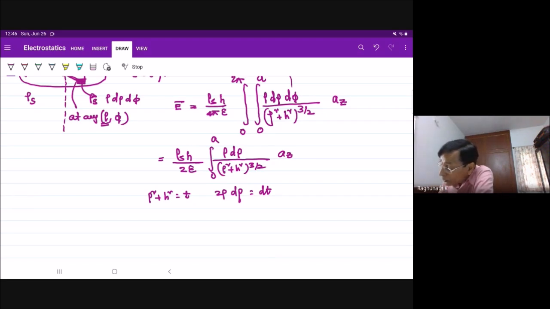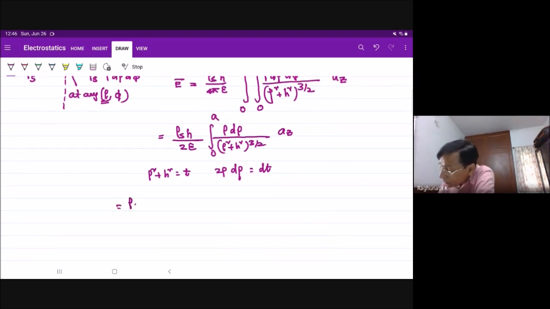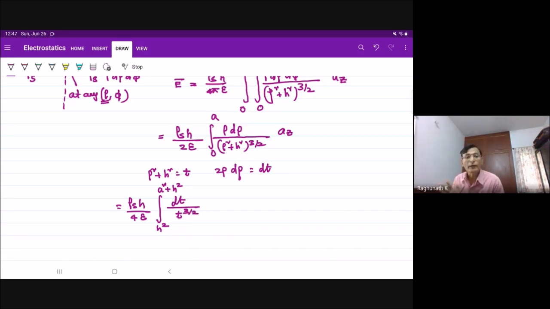So rho d rho is equal to dt by 2, which gives rho s h by 4 epsilon, integral t is equal to h squared to a square plus h squared, dt by t power 3 by 2. Correct? Yes, sir. t power minus 3 by 2 plus 1, what is the value?